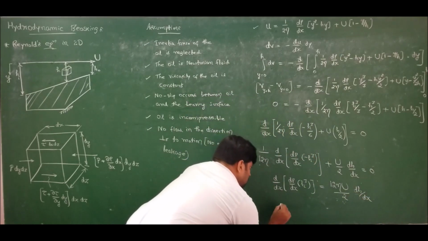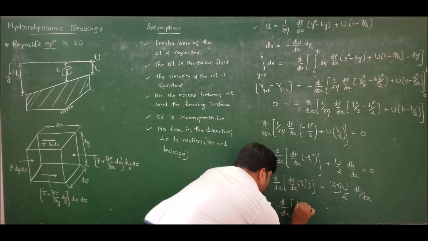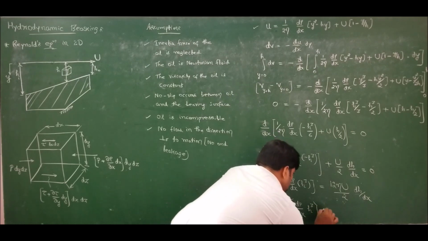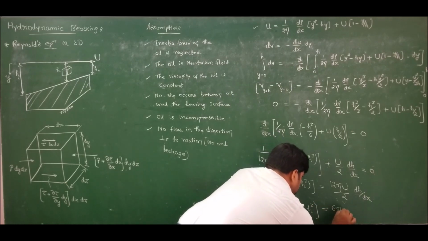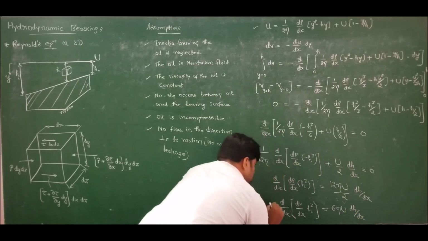So d by dx of dp by dx of h cube is equal to 6 eta times the maximum velocity u into dh by dx.